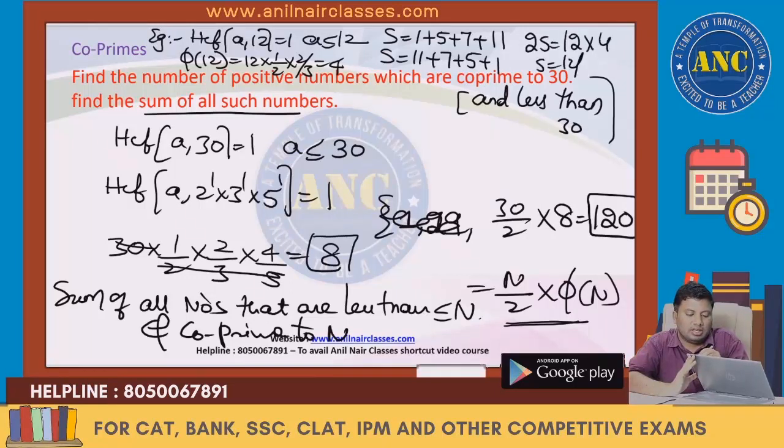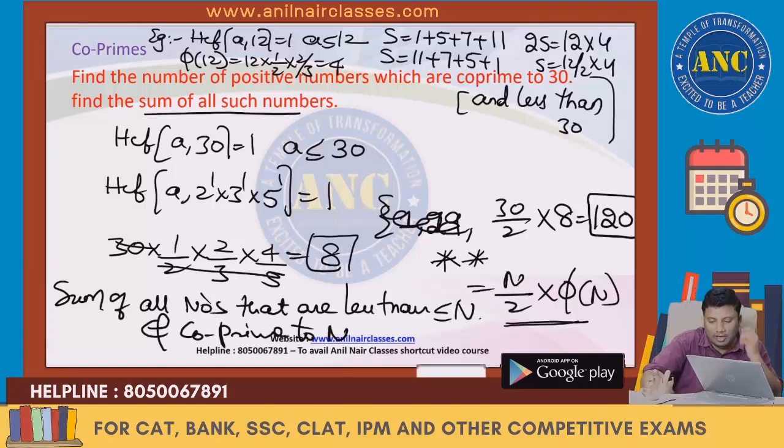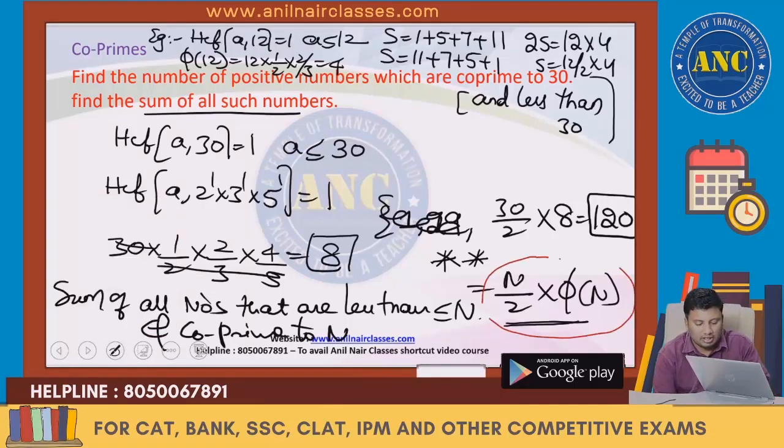S is 12 by 2 into 4, which is n by 2 into totient of n, where 12 is n and 4 is totient of 12. So the sum of all the numbers that are less than or equivalent to n and co-prime to n is given by n by 2 into totient of n.